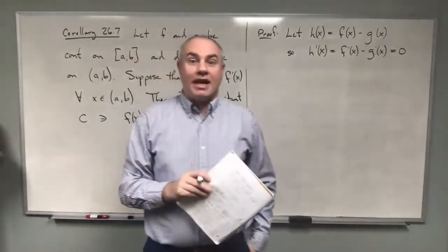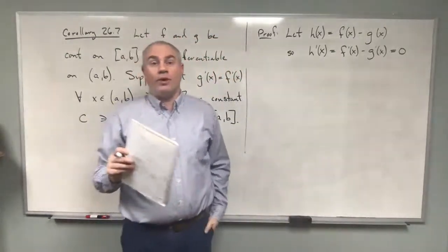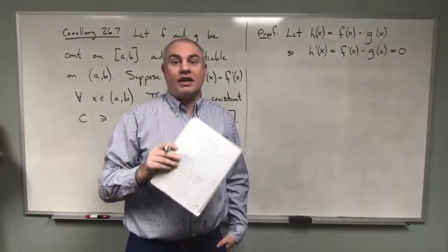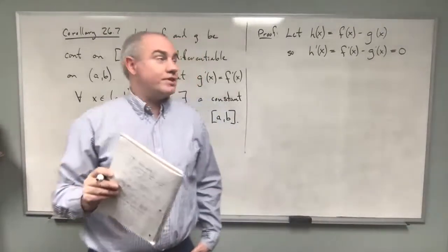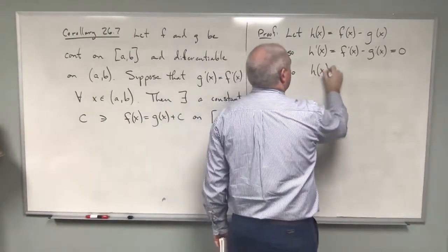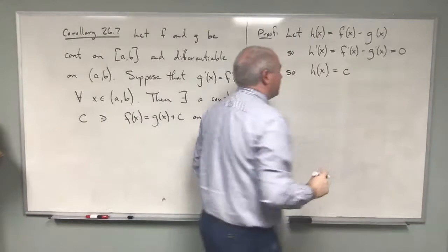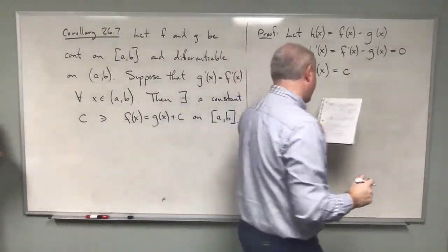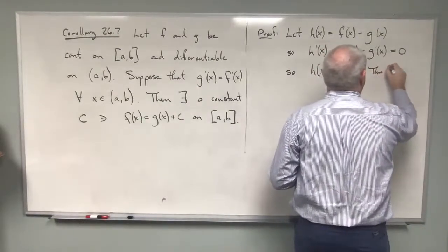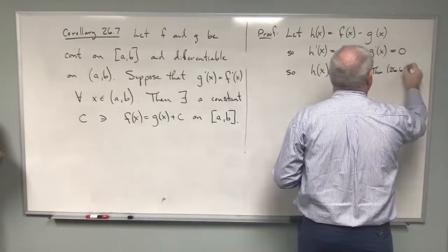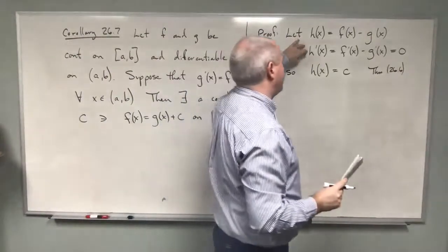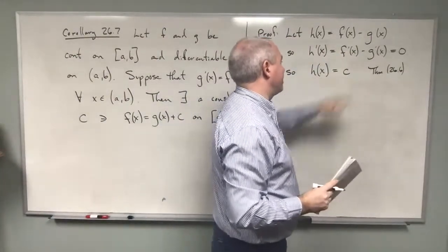And we learned about this last time. One of our theorems said that if we have a function whose derivative is identically 0, then that function itself must be constant. So we can use that, and say that h of x is equal to a constant, by Theorem 26.6. Theorem 26.6 tells us that if we have a derivative that's always 0, the function must be constant.